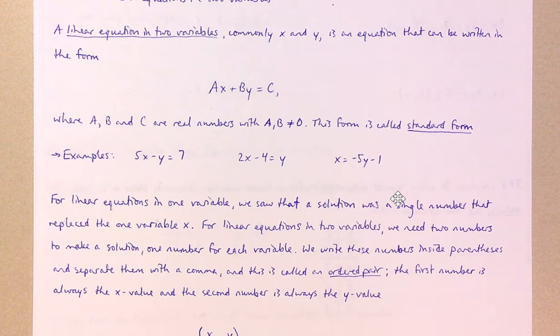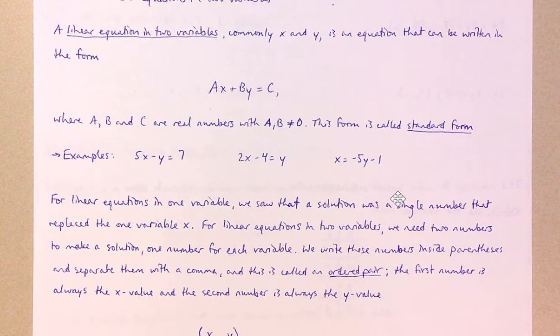But now for linear equations in two variables, we can't just work with a single number to represent just one variable because we have this other unknown quantity here. So we need two numbers to make a solution, one number for each variable. The numbers could be the same for each variable, but we need a specific number for x and a specific number for y.